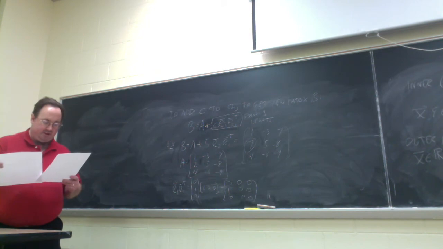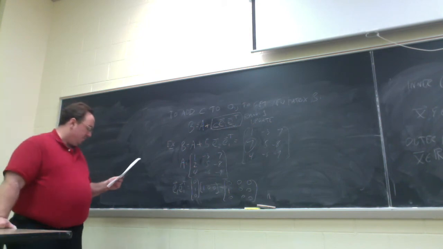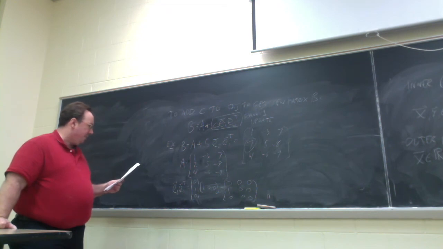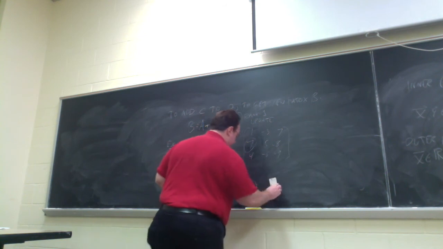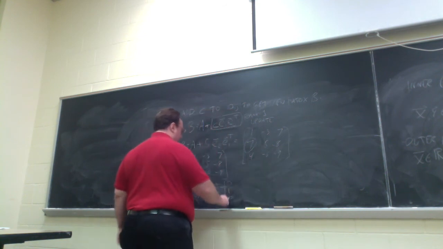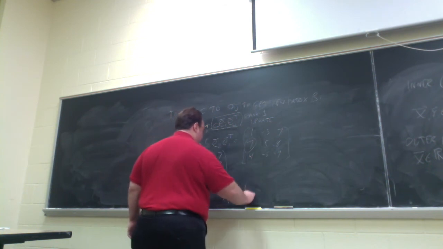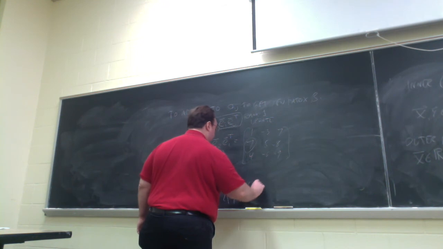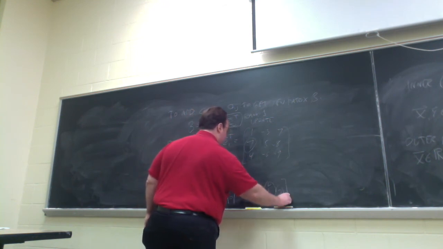All right. Okay, I want to put an intermediate step here so you can see where that comes from. Because it's 0, 1, 0 times 1, 0, 0, and 1, 0 times 0, and 0, 1, 0 times 0 again.